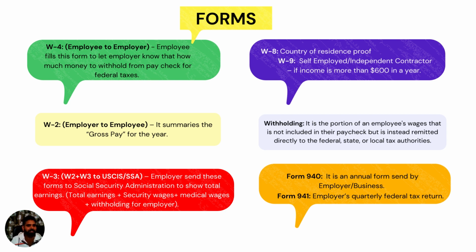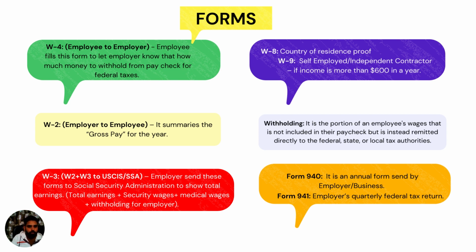The employer sends this form to the Social Security Administration, and it shows the total earnings. Total earnings means security wages, medical wages, and withholding for the employer. Everything is mentioned in the W3 form, and that is sent by the employer to the Social Security Administration.